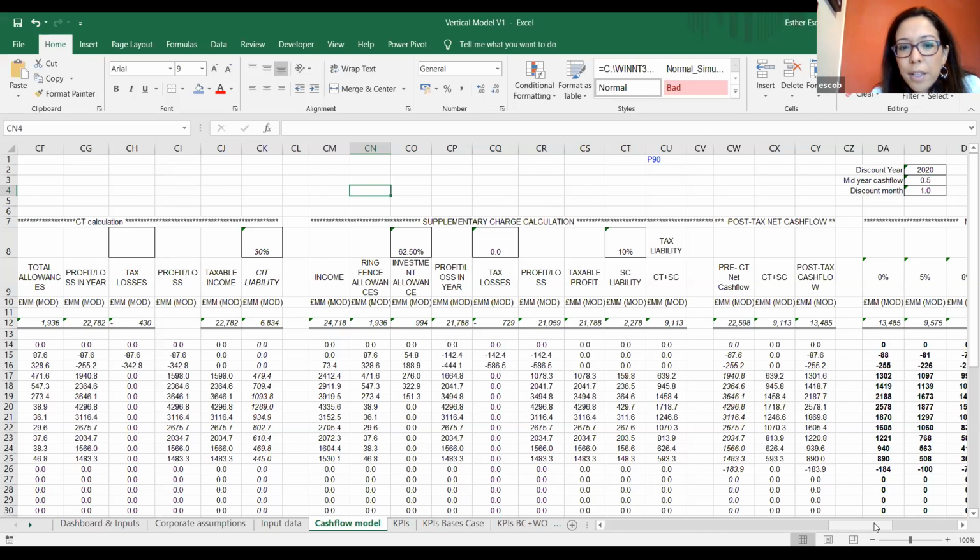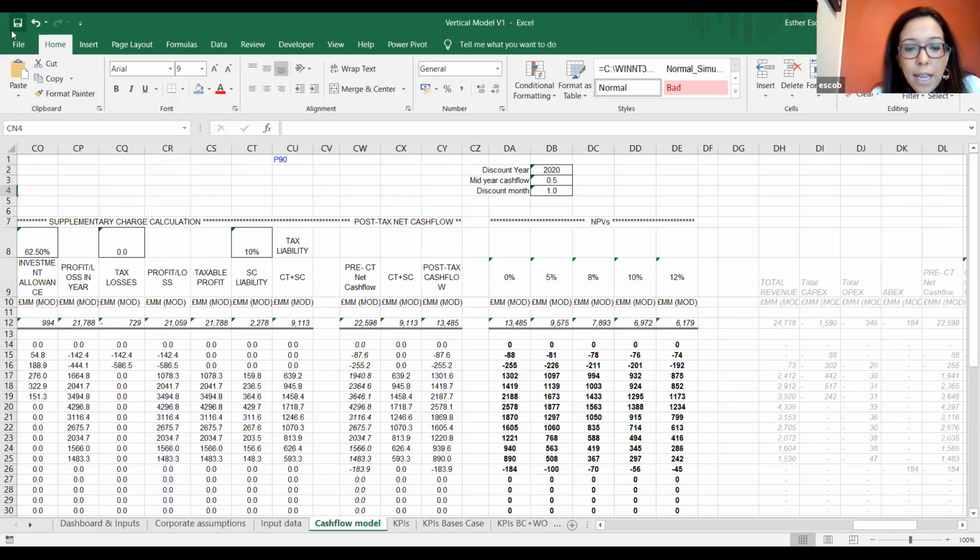And then we have the post-tax, as I say, and finally, with all that information, the discounted cash flow can be used with different rates to discount this cash flow.